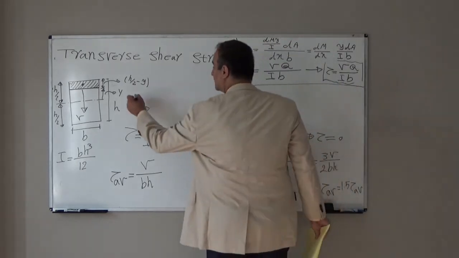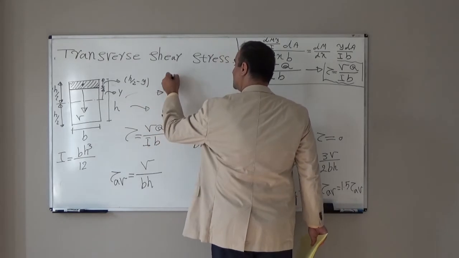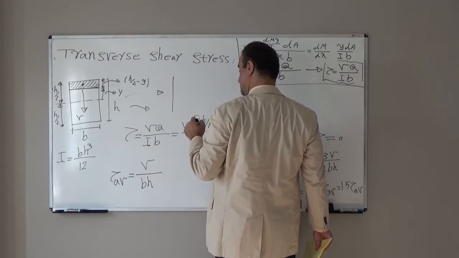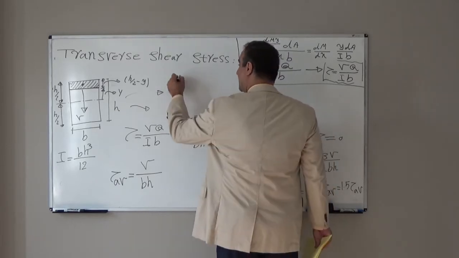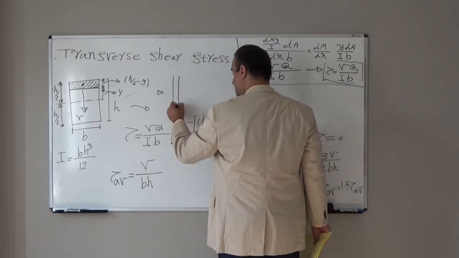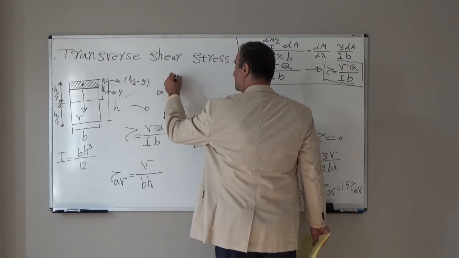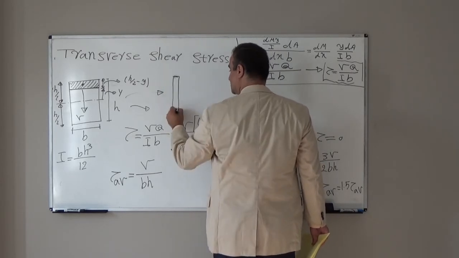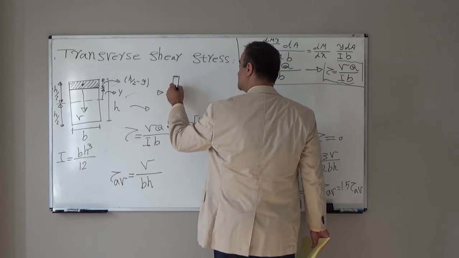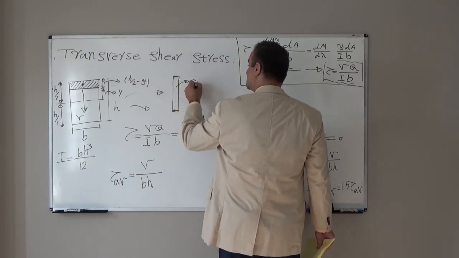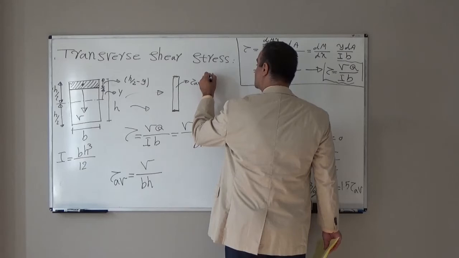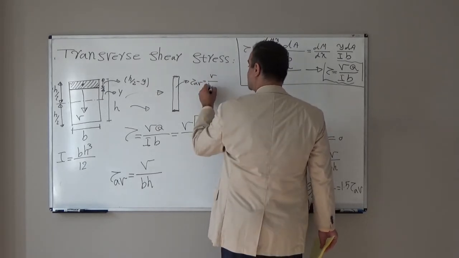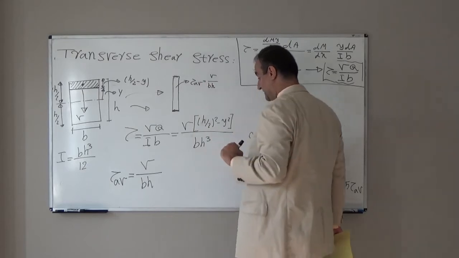Once I draw the shear stress distribution, the average shear stress is equal to the shear force divided by the cross-sectional area.